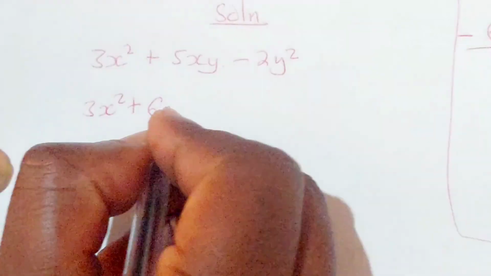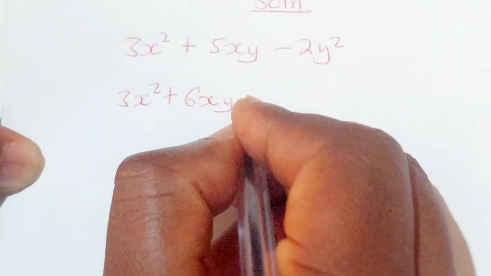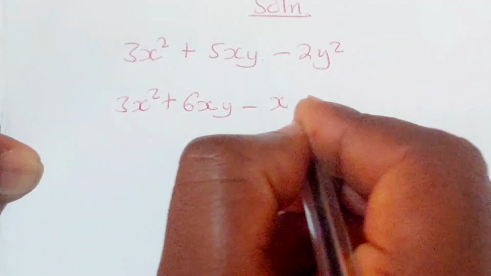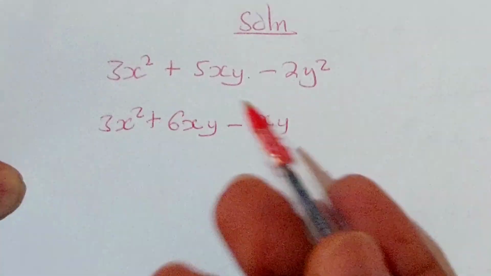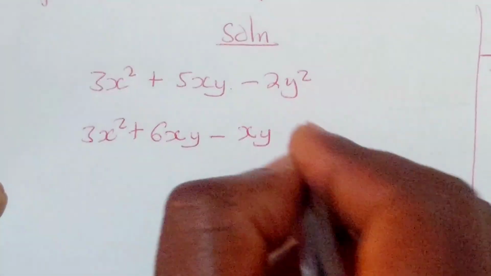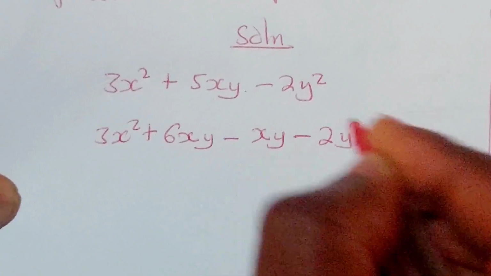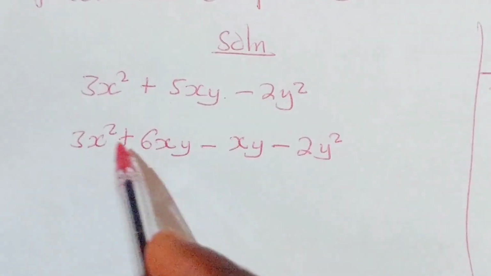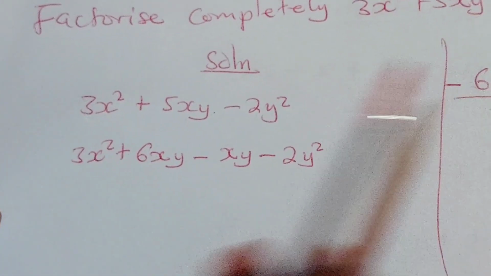So we say 6xy minus the variables again x, y. Remember, 1 is always invisible. So we say minus 2y squared. Here we have reached this point. We have replaced the middle term with the factors we got from our product.